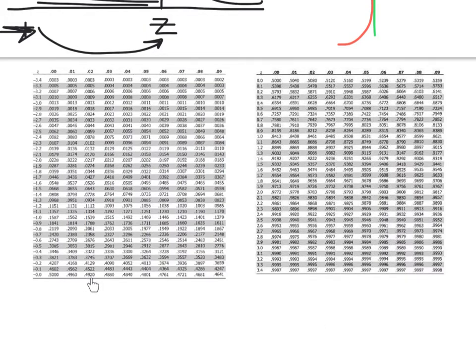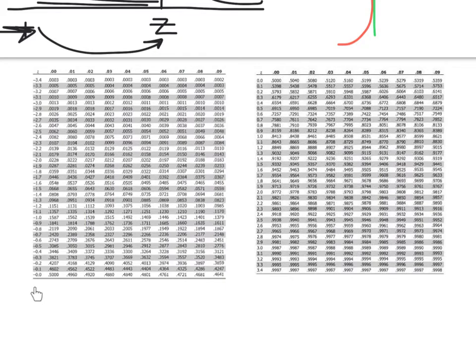If we are considering z numbers that are less than 0, or negative values, then we have to make use of this version of the table. Now, a very important skill is knowing how to read the z-table. So let me introduce the parts of this table.